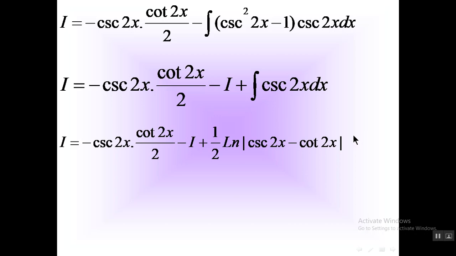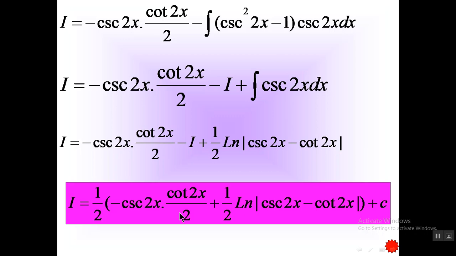It is ln of absolute value of cosecant 2x minus cotangent 2x, and because of this 2, we write 1 over 2. Now we are looking for I. We move 2 I's to the left. So we get I equals finally this divided by 2 plus c.